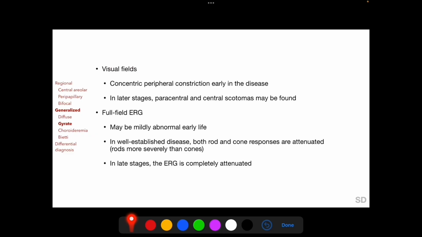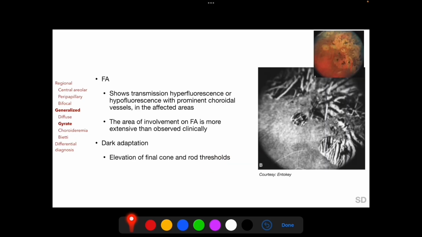Visual field testing shows concentric peripheral constriction early in the disease, and in later stages, paracentral and central scotomas may also be found. In well-established disease, full-field ERG shows attenuation of both rod and cone responses, with the rod responses being affected more severely than cones, but in later stages, the ERG is completely attenuated.